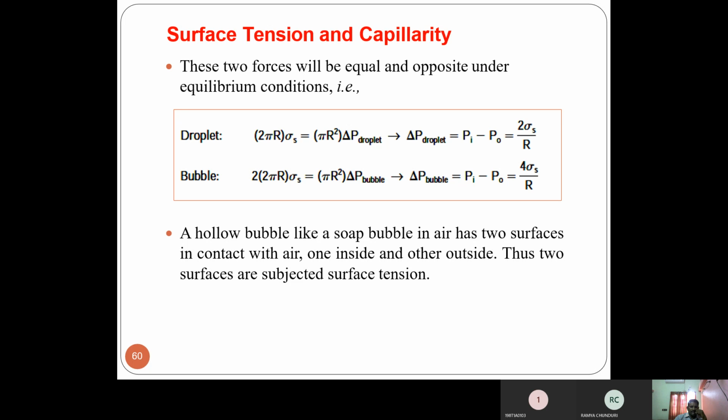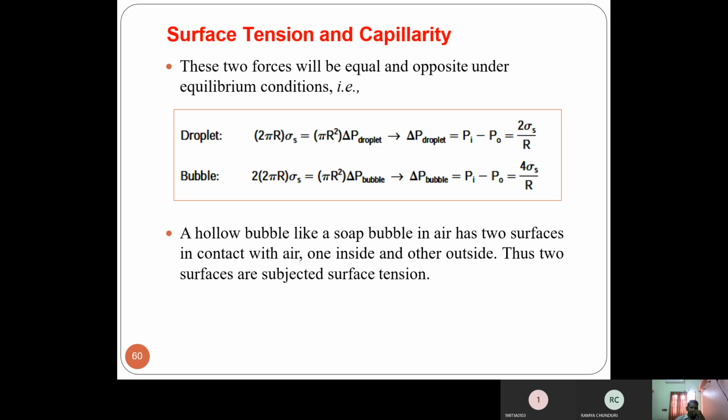Generally, the dimension of a bubble is expressed as a diameter. R is nothing but d by 2. So in the next step, Pi minus P naught is equal to 2 sigma s by d into 2, that is 2 into 2, 4 sigma by d.